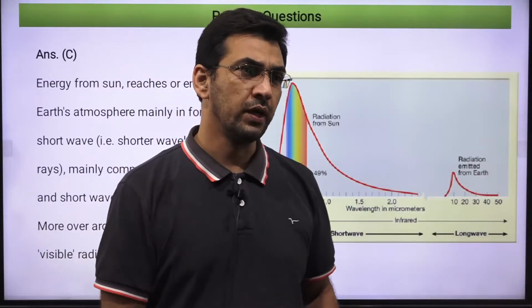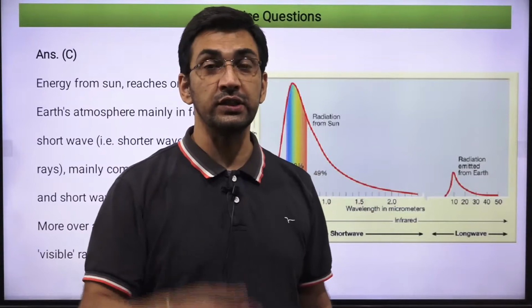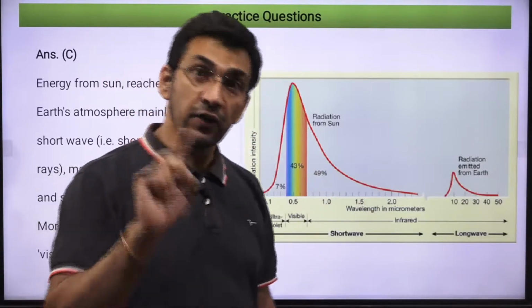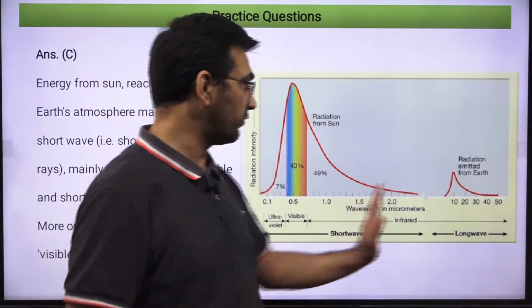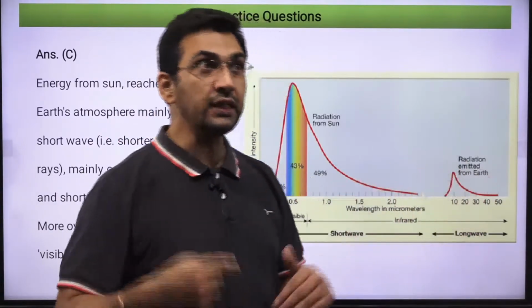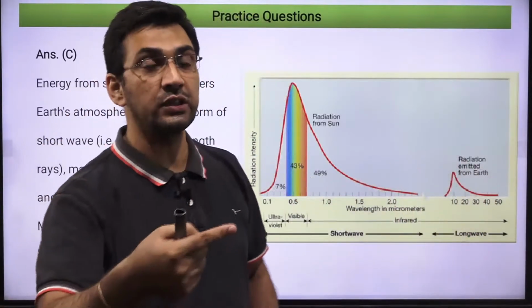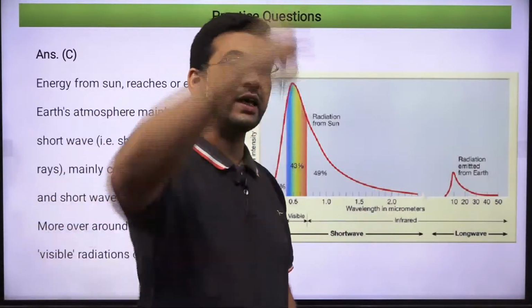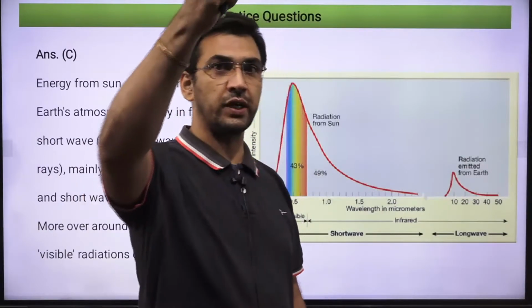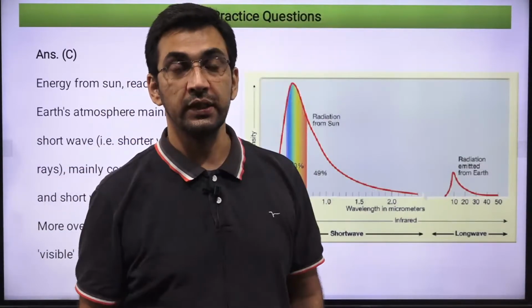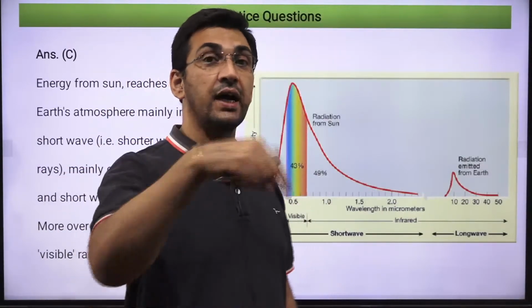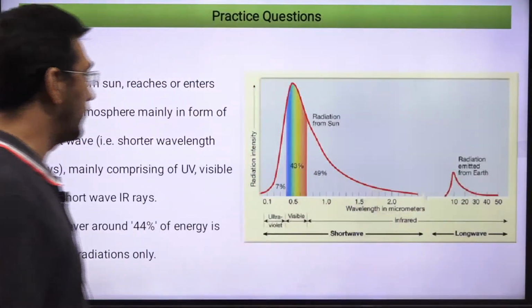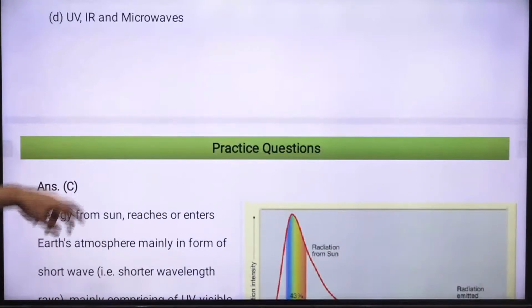So it also emits radiations, and those re-emitted radiations are infrared radiations because they are of higher wavelength. When these infrared radiations of larger wavelengths are emitted from the surface of the earth, they are blocked by the greenhouse gases. Since they are blocked by the greenhouse gases, this causes global warming. So that way it could be related, and that is why it is going to be a significant question for you.